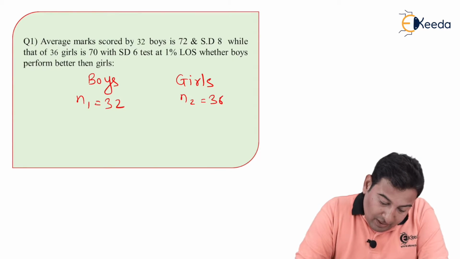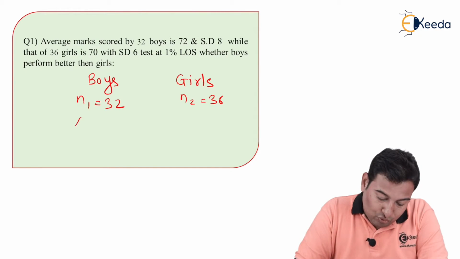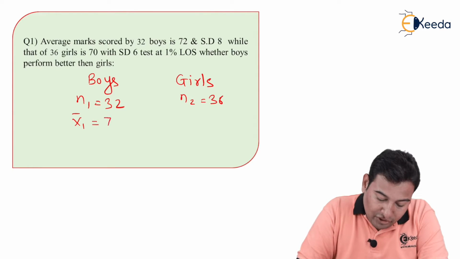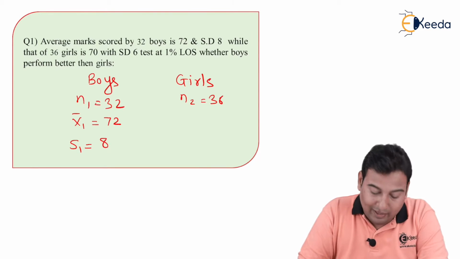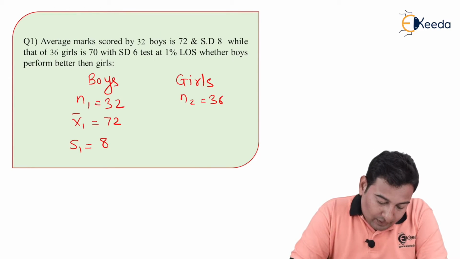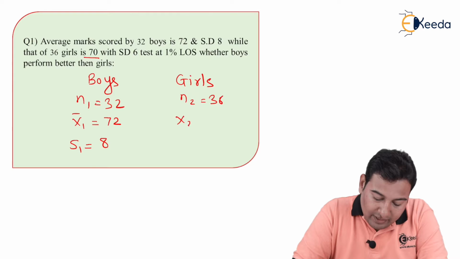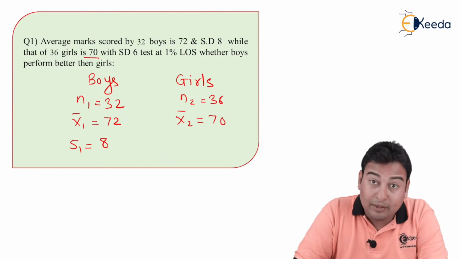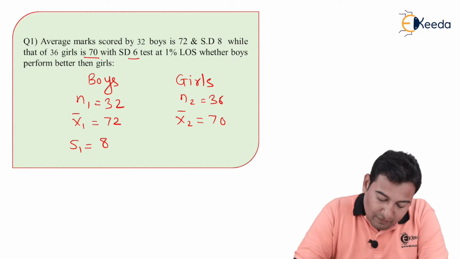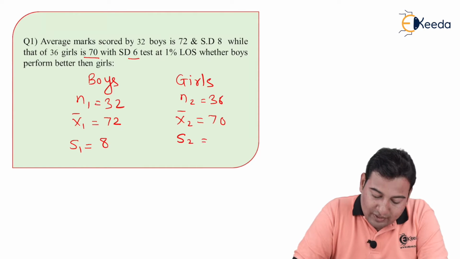The boys' mean is 72. The boys' standard deviation, that is S1, is equal to 8. For girls, the average marks is 70, so x2 bar is equal to 70. Standard deviation 6, S2 is equal to 6. LOS is 1%.